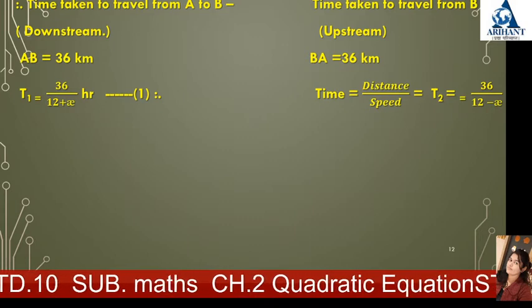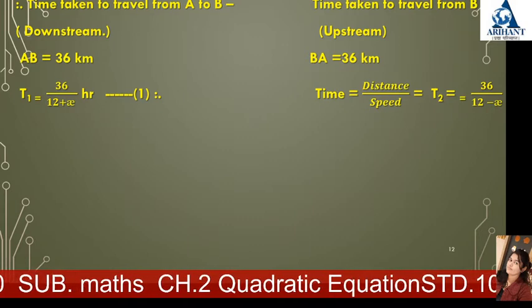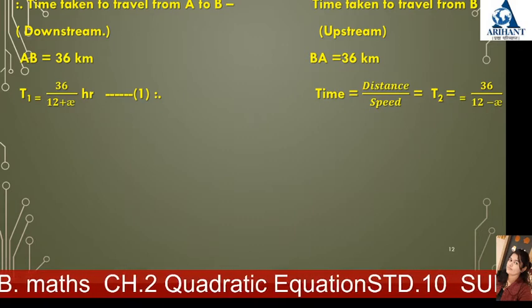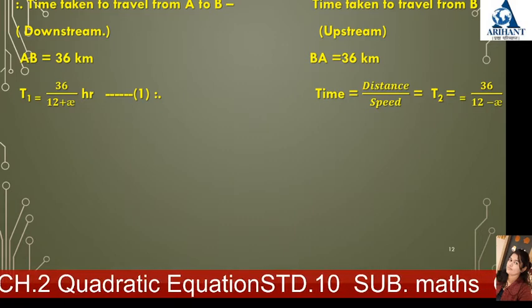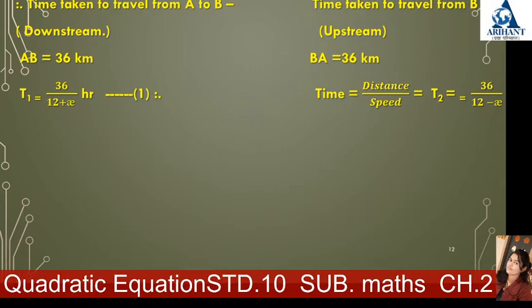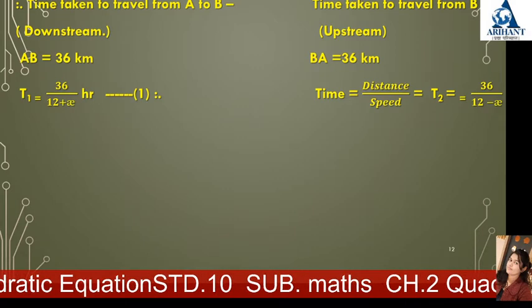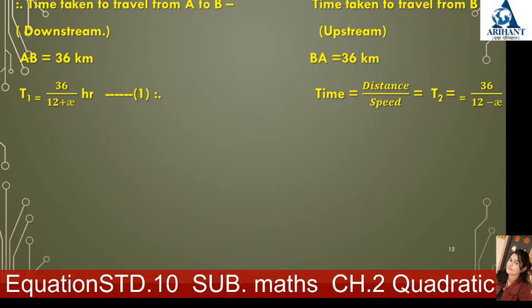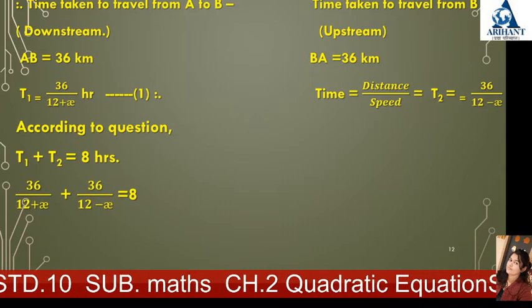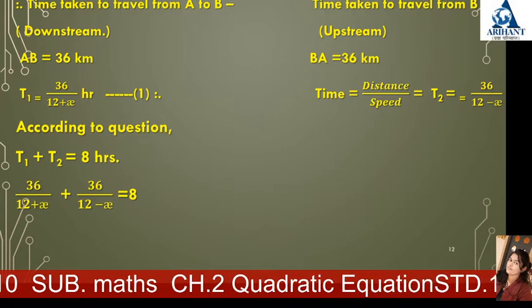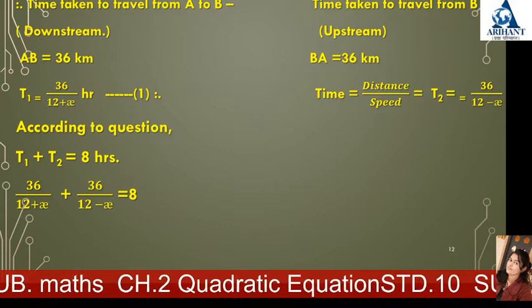And here in the upstream, T2 is equal to 36 upon 12 minus x. Why does 12 minus x come here? Because it is upstream direction. So according to the question, T1 plus T2 is equal to 8 hours, which is given.